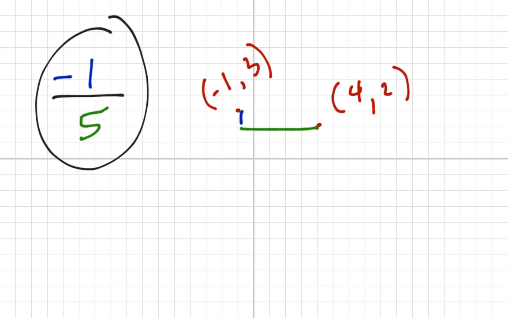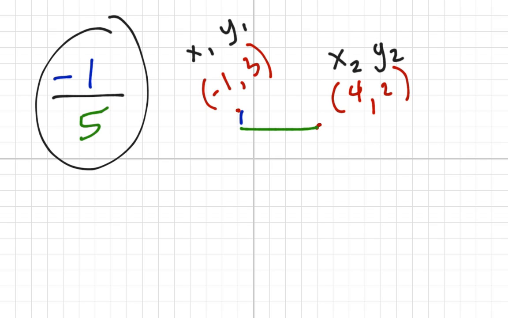So this is the first ordered pair, the -1, 3, and we'll call that x1, y1, because that's its x and y values. The x value is -1, the y value is 3. The other ordered pair we'll call the second ordered pair, so it's x2, y2. So x2 is 4 and y2 is 2.